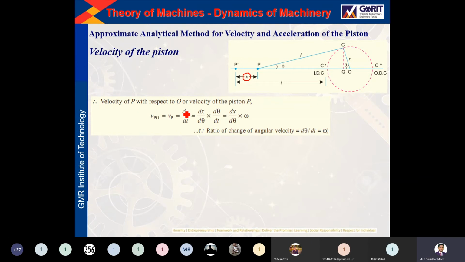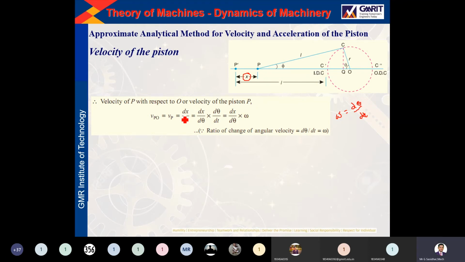We don't know time, so from the basics of mechanics, I know that omega equal to d theta by dt. D theta is angular displacement or angular position, and d theta by dt gives me omega, and d omega by dt is alpha, angular acceleration.